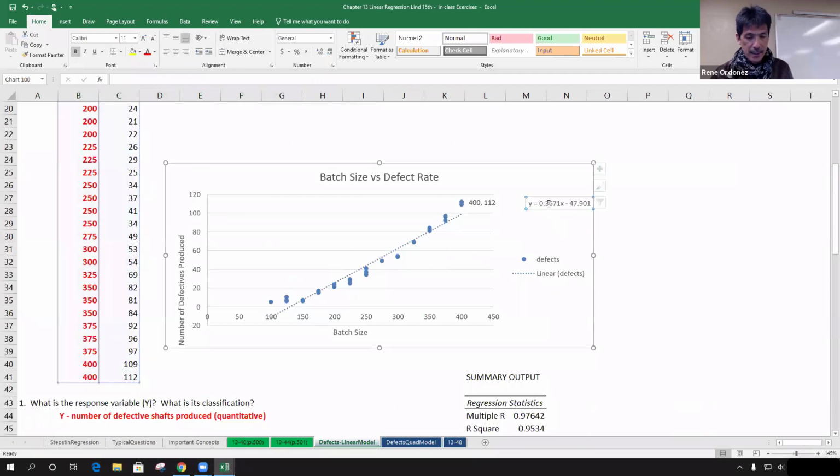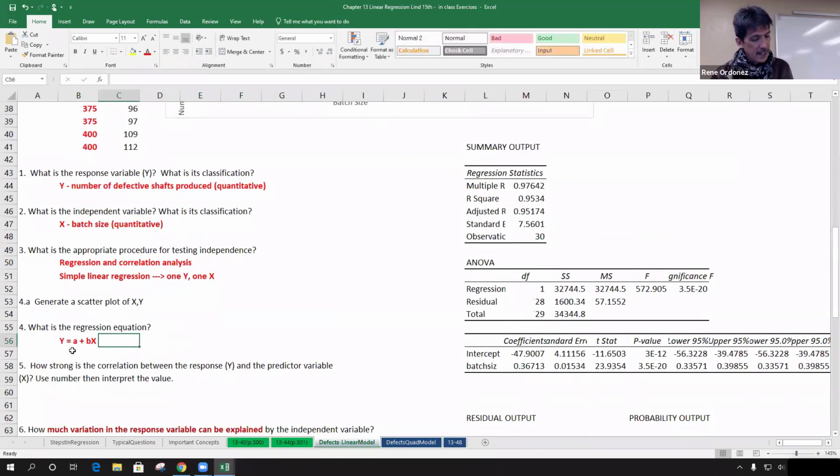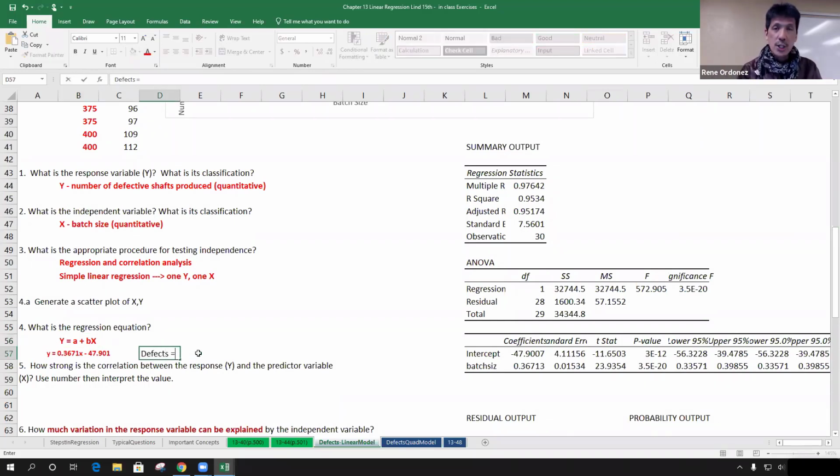And we can pick up that regression equation using here. Okay, let's copy that. And I'm going to paste that down here. All right, so expressing this regression equation in the format here and using the variable names, defects is equal to negative 47.901 plus 0.367x.